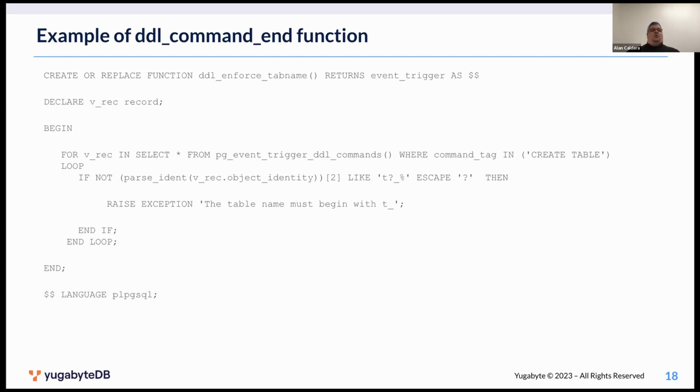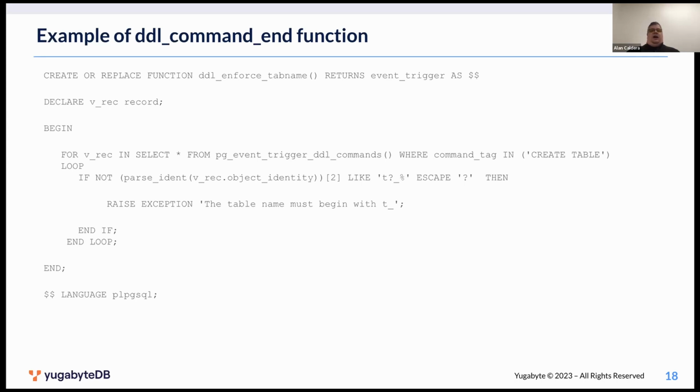Okay. So I alluded to the ability to enforce things like table naming conventions. This is an action that we're taking in DDL command end, because now I have all of the information about what the user actually tried to do. I'm using the set of records coming back from PG event trigger DDL commands to look at what they were trying to do.